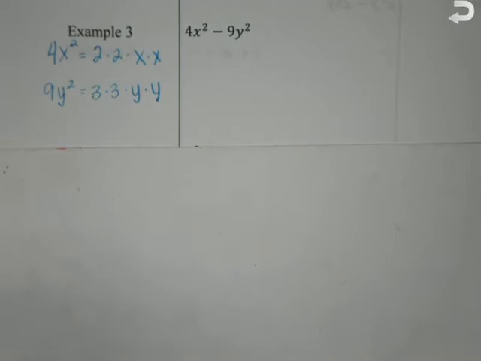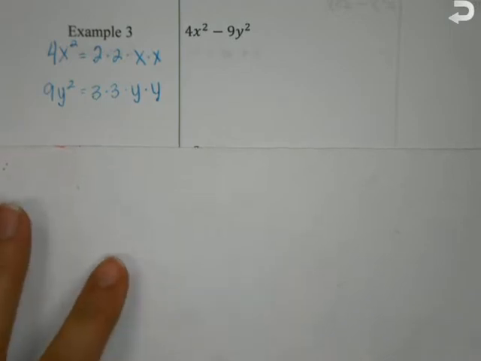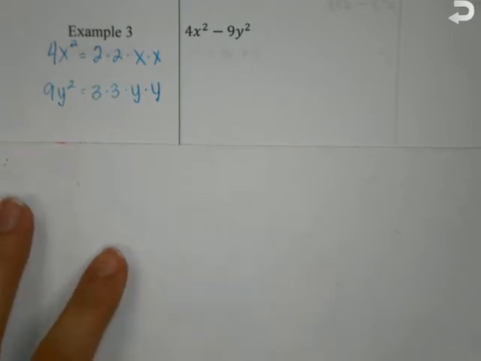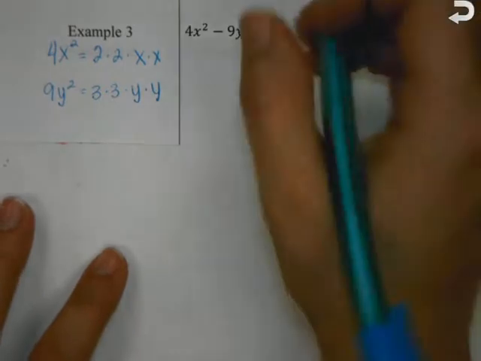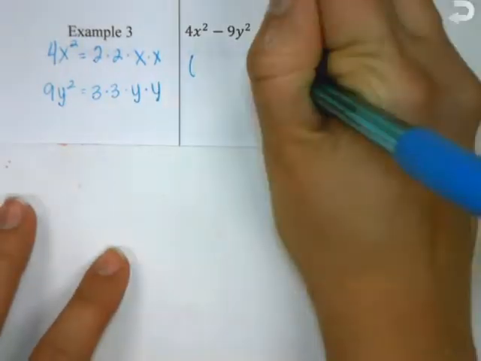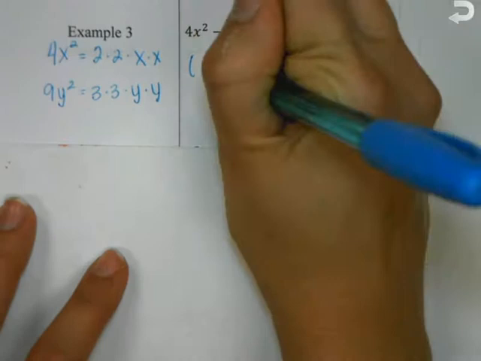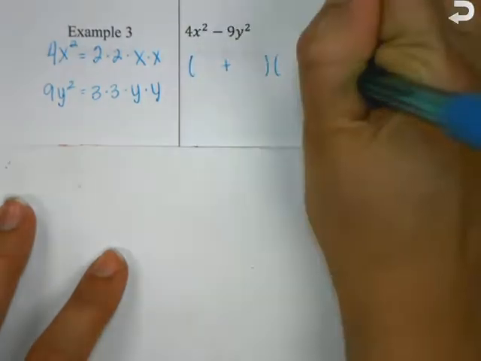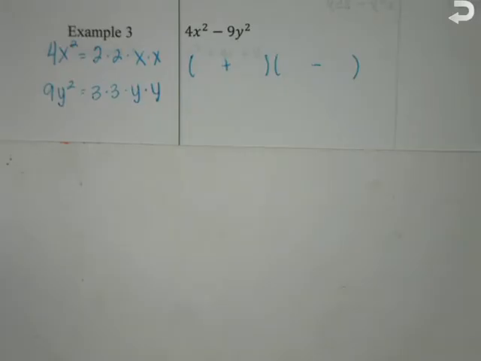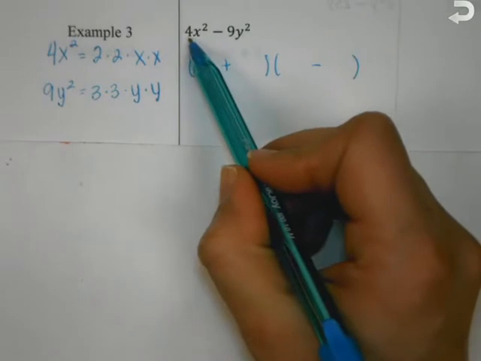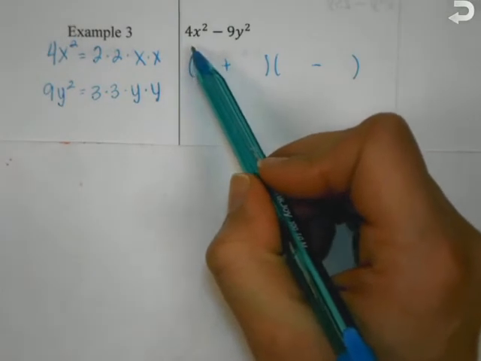Is this a difference of two squares, though? No. Well, I don't know. It is. Set up your parentheses. Make one addition, one subtraction. And let's think about it. What is the square root of 4x squared? 2x. 2x times 2x gives me 4x squared.